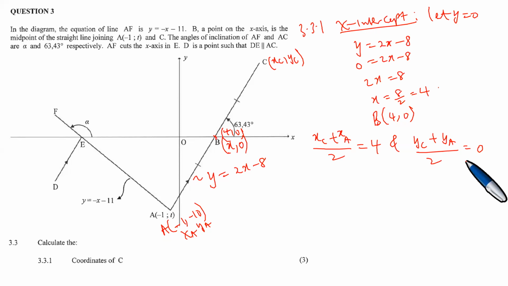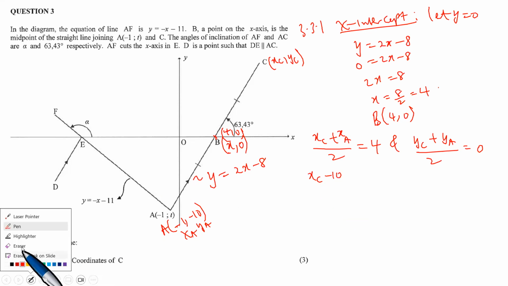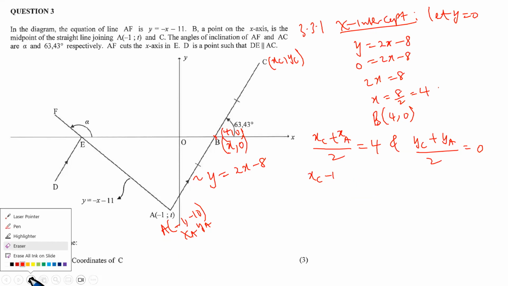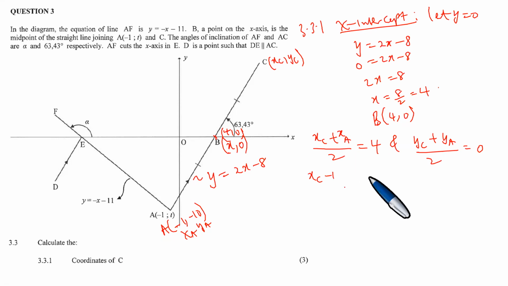Okay. What is XC? What is XA? It's minus 1. So you put a minus 1 there. Then you divide by 2, and it is exactly 4.